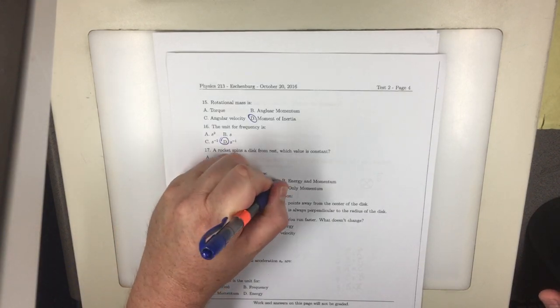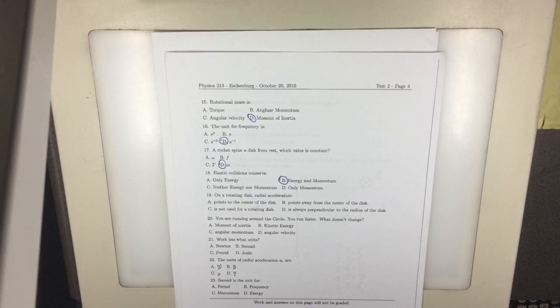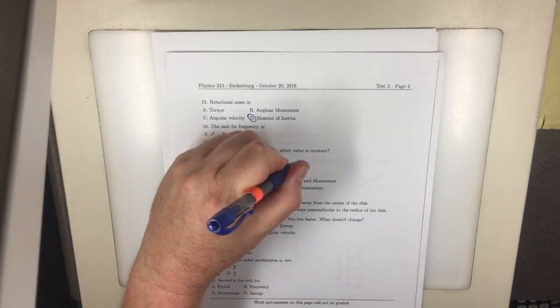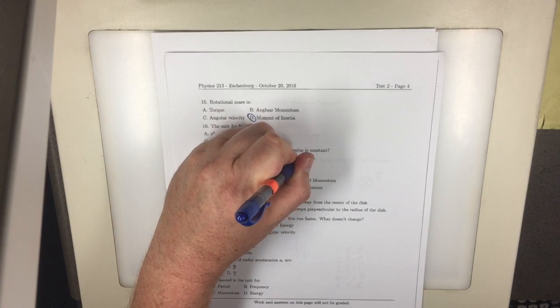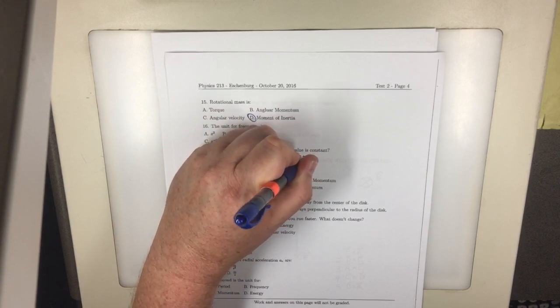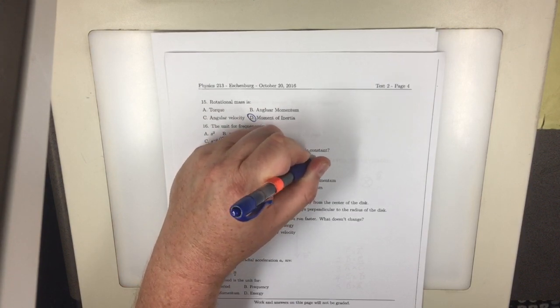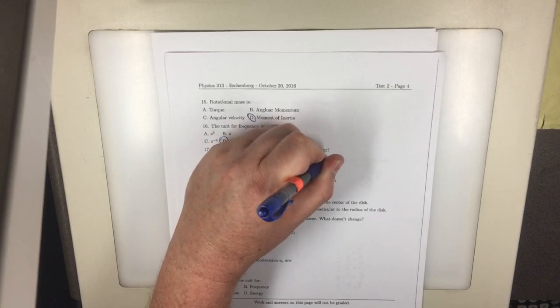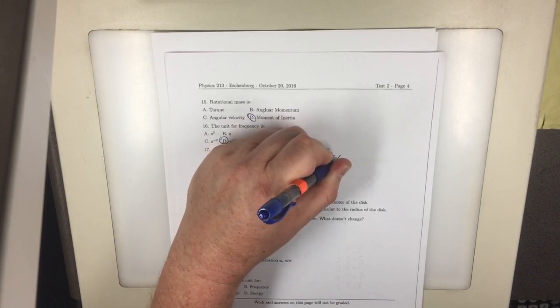momentum and energy. Yes? Can you explain why 17 is D? Okay, if it spins from rest, I will clarify that the rocket, the force coming off the rocket is constant. So it's always putting out X number of newtons. So if it's producing X number of newtons, the sum of the torques, which is the force times that radius, is the moment of inertia times alpha.